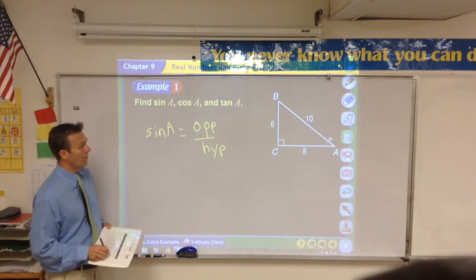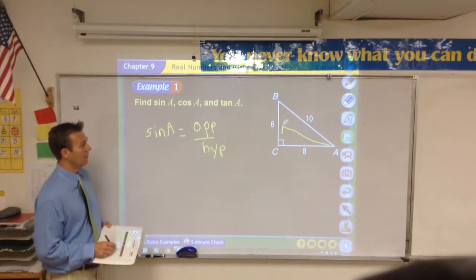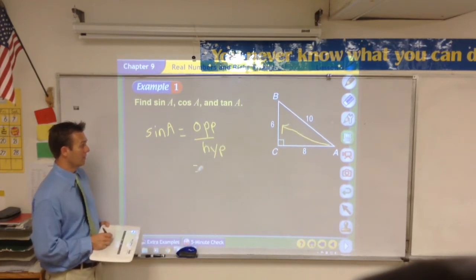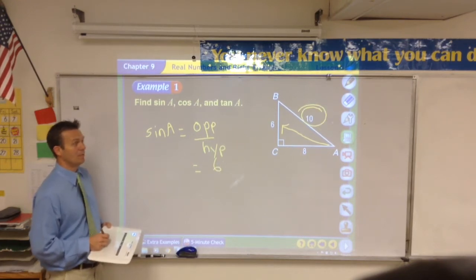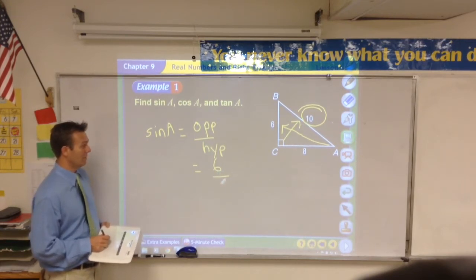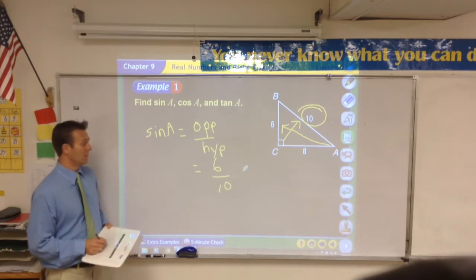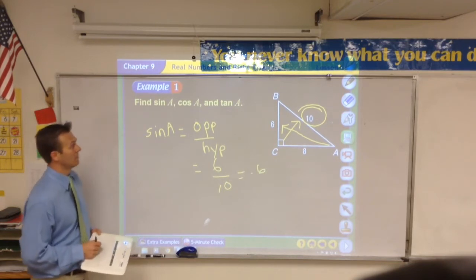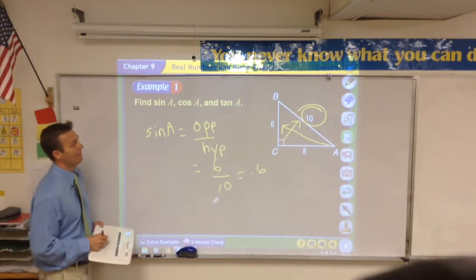So, what is opposite of A? 6. And over the hypotenuse, and we always know the hypotenuse is the line opposite the 90-degree angle. So your answer is 6 over 10. Sometimes people write it as 0.6. Okay? So that would be the sine of A.